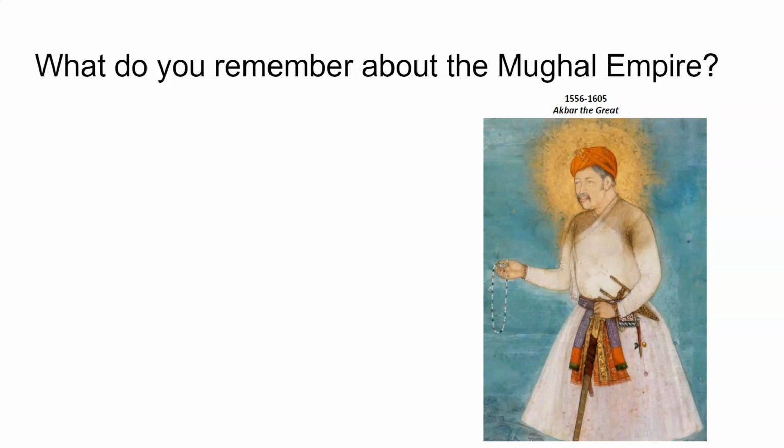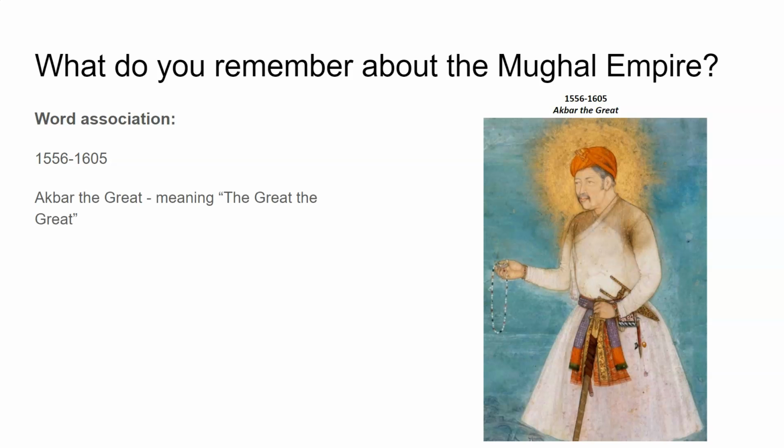What do you remember about the Mughal Empire? The Mughal Empire, if you recall, was our very first unit in this year, 10th grade. We spoke about how religiously tolerant they were. Here's a picture of Akbar the Great on the right-hand side of your screen. He lived from 1556 to 1605. Akbar meant the great.